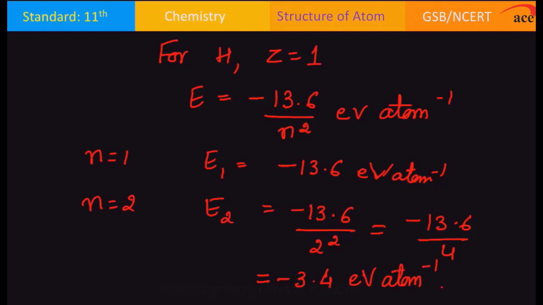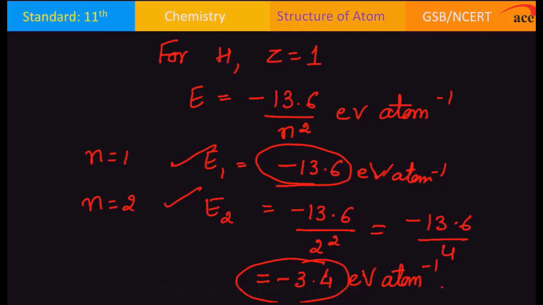Now try to understand. When it was n equal to 1, it was minus 13.6. And when the electron went to the second orbit, the number is minus 3.4. Now can you tell me which energy is more? Please understand, here the energy is with a negative sign.